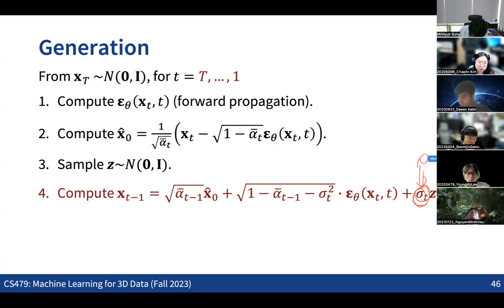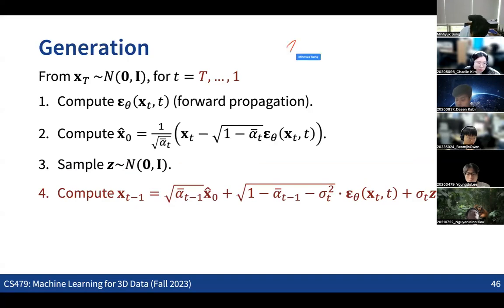There's no stochasticity here. We don't need to sample z because x_{t-1} will be determined based on the x_t information that we have and the noise which is predicted by the neural network. So once we make this sigma 0, the whole process becomes deterministic.